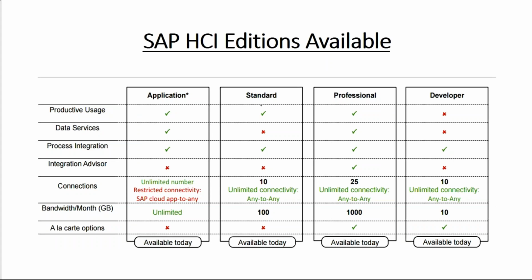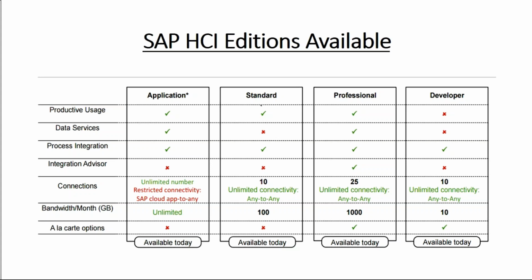Okay. So you have the different editions of HCI. You have the application edition, standard edition, professional edition, and developer edition. These are what they are based on. So you have productive usage and data services.